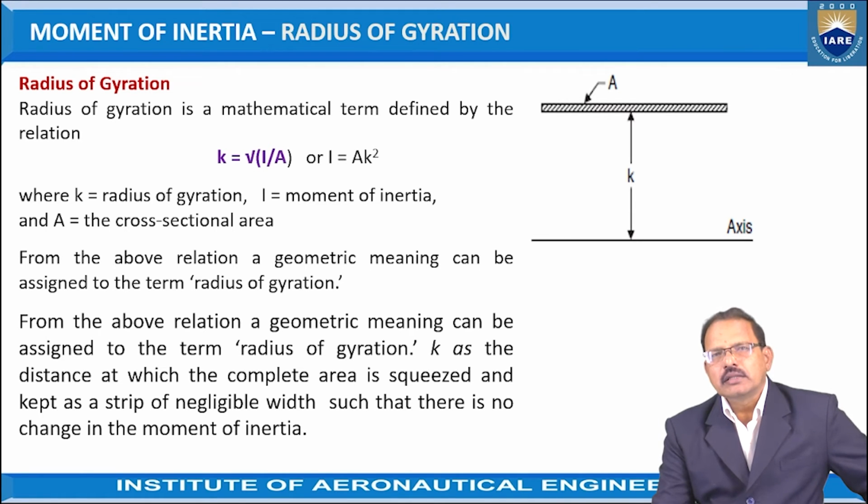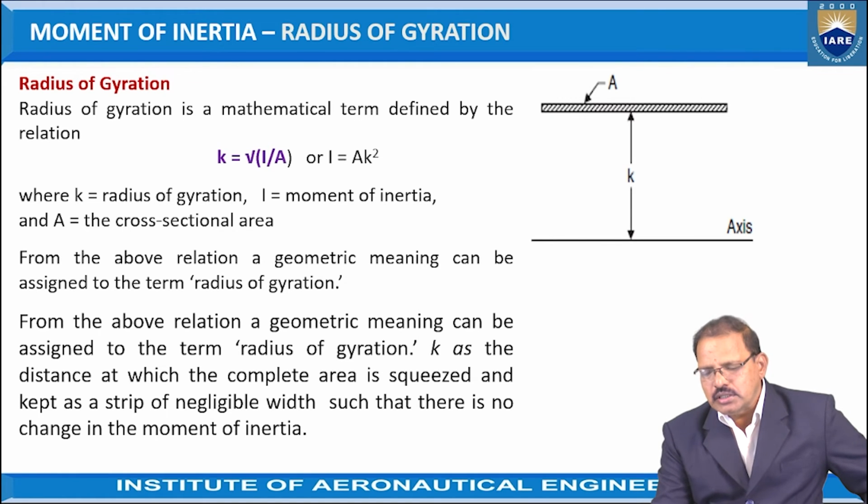Then the radius of gyration is defined as K equal to the square root of I by A, or squaring both sides, I is equal to A K square, where I is the moment of inertia of the strip about an axis situated at a distance of K, and A is the entire area of the plane, assumed to be concentrated as a strip.